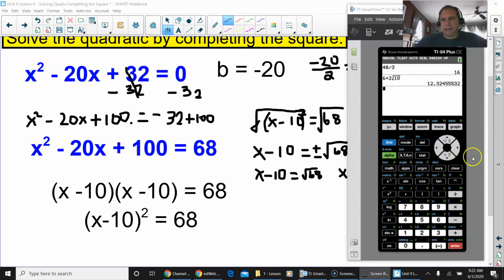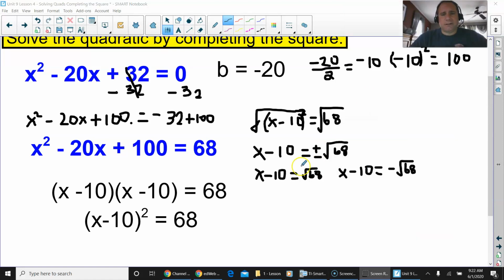Okay, so I split it up right here. And I'm going to take the calculator, and 68 is something that I cannot even simplify. There is no number that goes into 68 that is a perfect square. So we are just taking the square root of 68, and we are going to round it to 8.25 as it is on the calculator. So we have x minus 10 equals approximately 8.25.